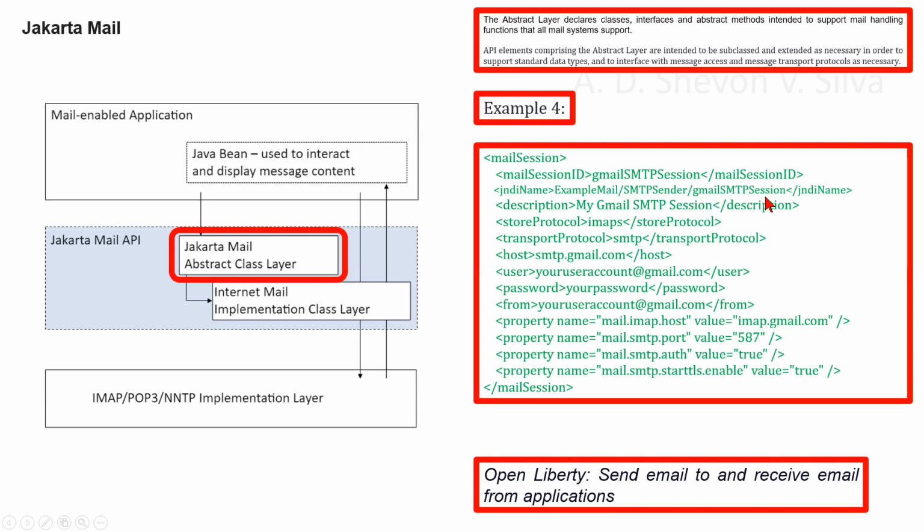If you use the standard JNDI context, java:comp/env/mail/gmailSMTPSession, specify the JNDI name attribute as jndiName equals mail/gmailSMTPSession.